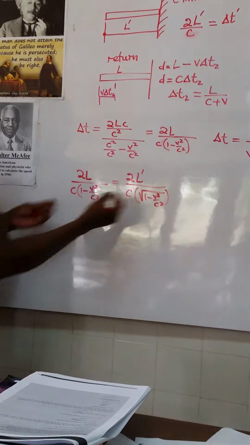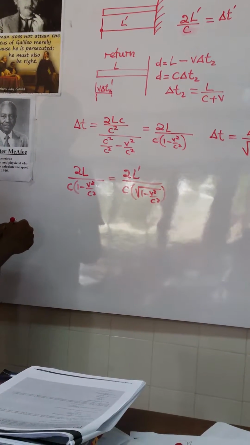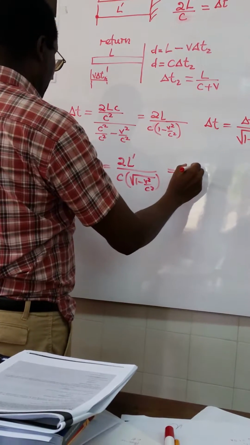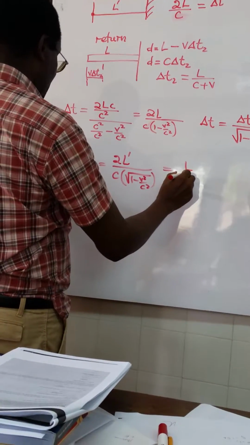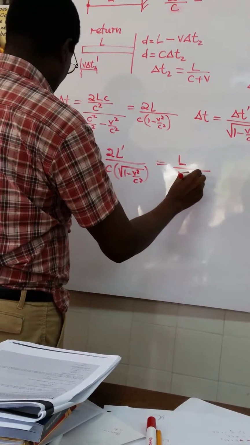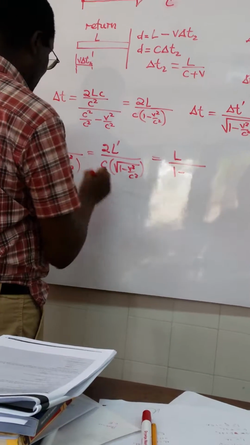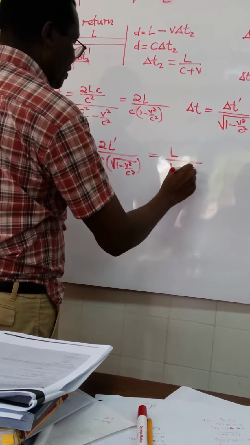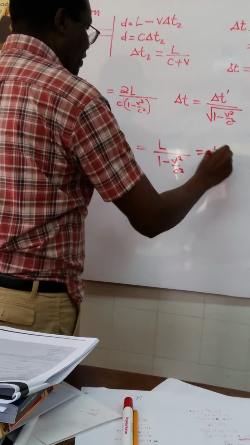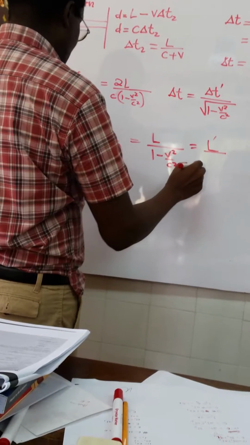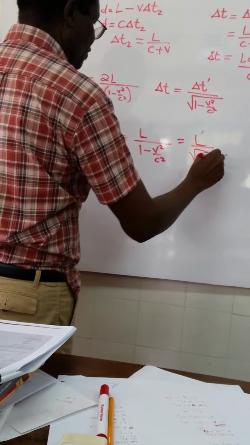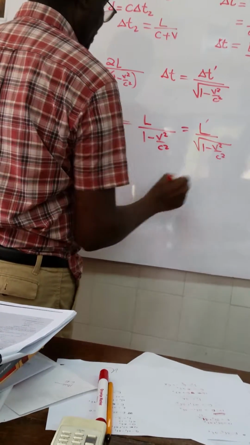Multiply both sides by c over 2 and you have L over 1 minus, this is a bracket, 1 minus v squared over c squared is equal to L prime over root of 1 minus v squared over c squared.